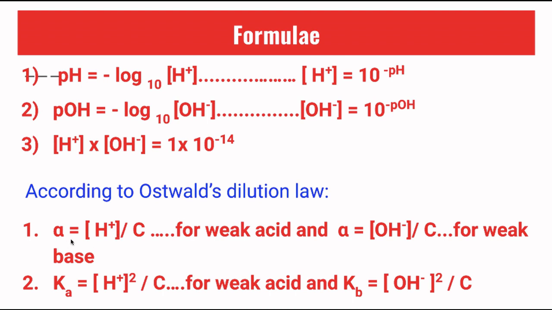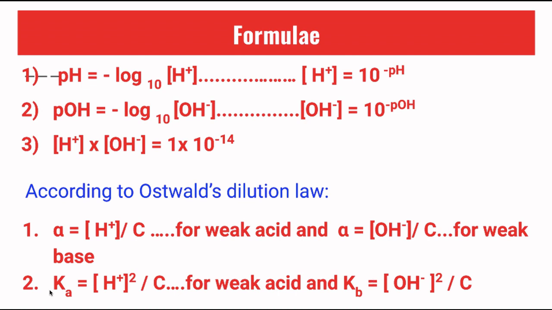That means if pH of weak acid is given, you have to calculate concentration of H+ ions and then you can calculate alpha. So remember this formula also. For weak acid, alpha is equal to concentration of H+ divided by C, concentration of the acid. And for weak base, concentration of OH- ions divided by C, that is concentration of the base.